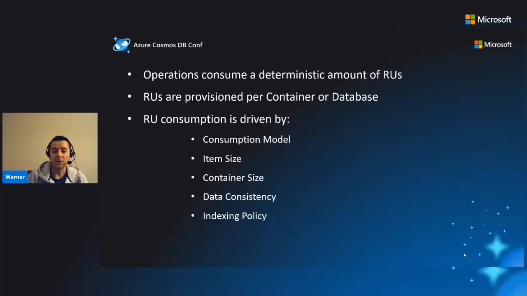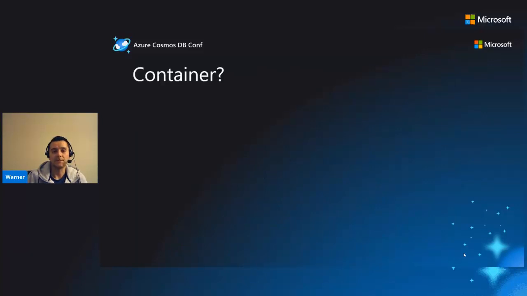The indexing policy, you can manipulate this as well to make it more or less expensive for RUs. And of course, the more complex your queries are, the more RUs they'll consume. I'll just give some quick tips here on the slides and in the demos so that you can get started consuming fewer RUs with your queries as well.